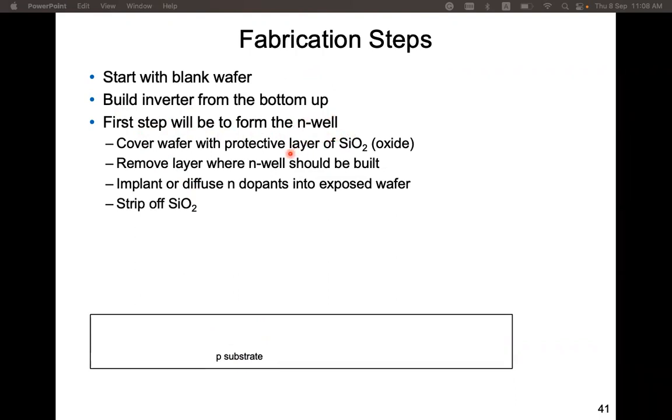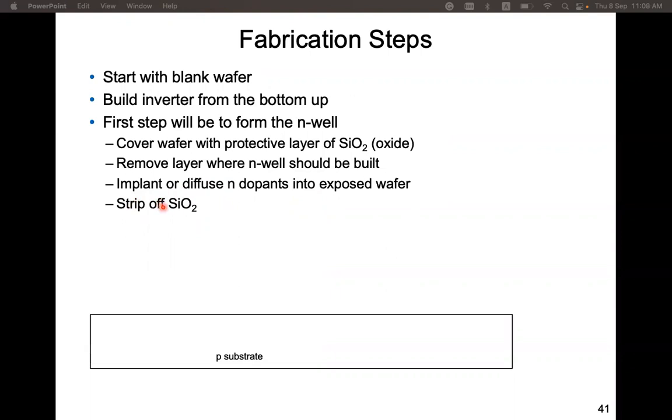This is carried out through 4 steps. First, cover the wafer with silicon dioxide, a protective layer. Then remove silicon dioxide where the N-well should be built. Then apply the manufacturing step, either implant or diffuse dopants into the exposed wafer. And lastly, strip off the silicon dioxide, the protective layer.